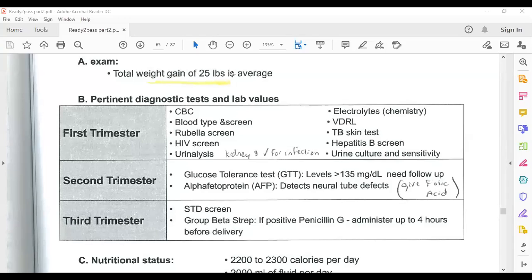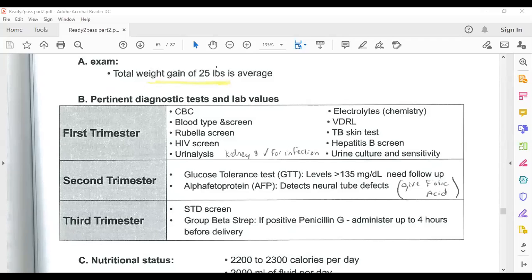So total weight gain, as I told you, should be around 25 to 35 pounds, okay, during the first trimester. And after the first trimester, meaning second or third trimester, the mother's body weight gains 1 pound per week.